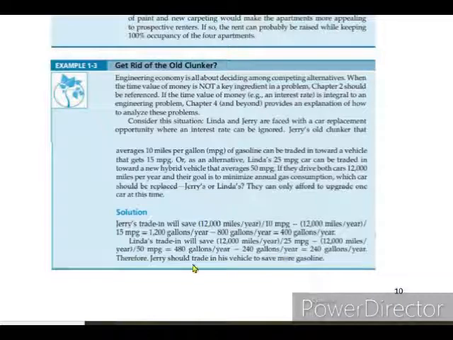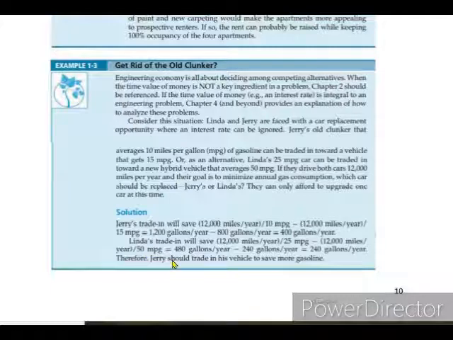Now for Linda's trade-in, in the same manner, we will divide the 12,000 miles per year, because that is their goal, to minimize annual gas consumption, by 25. Then we will subtract the quotient of 12,000 miles per year and the upgrade, which is 50.